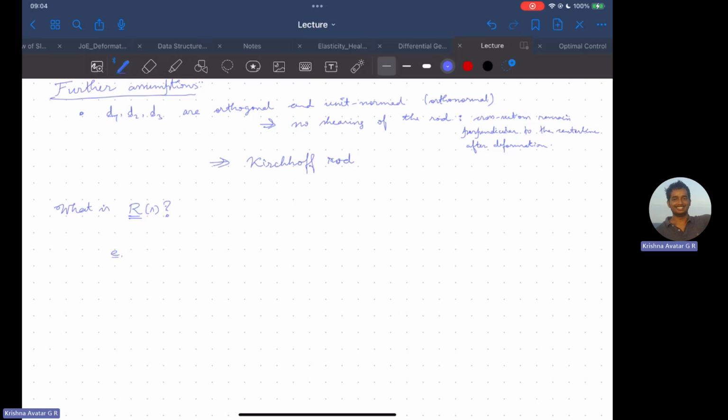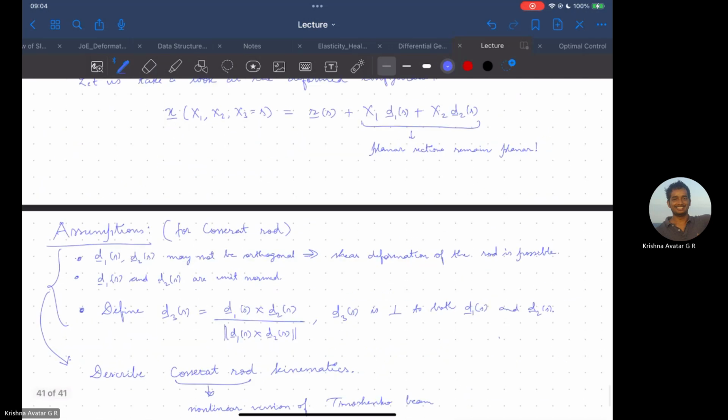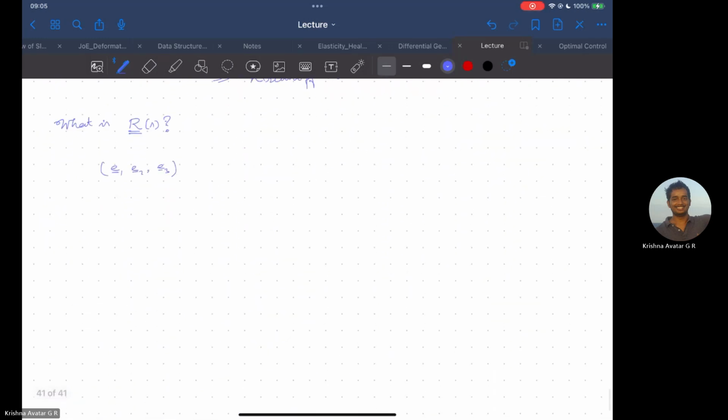What R of S does is, given we have E1, E2, E3, as we recall, we can use this R matrix, apply it on E1, E2, E3 to get D1 of S. And they are related as D_i vector of S is equal to R E_i, where i is 1, 2, 3.